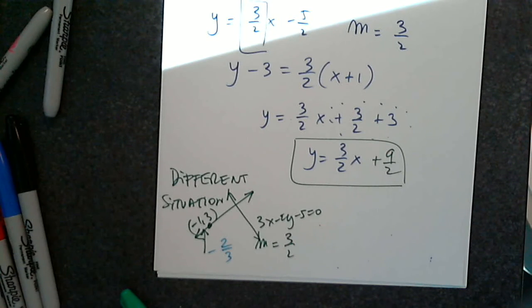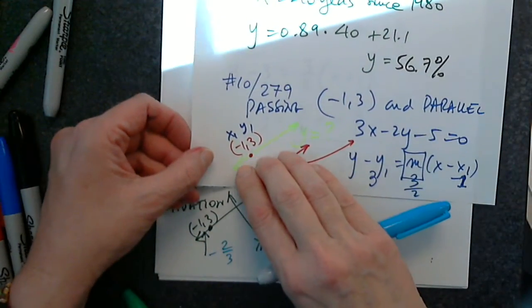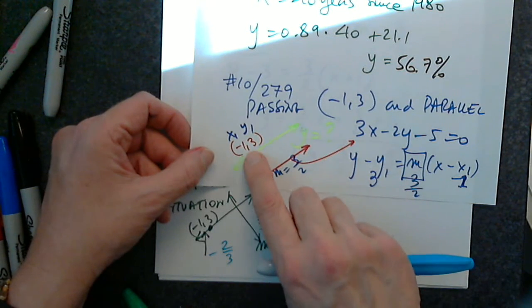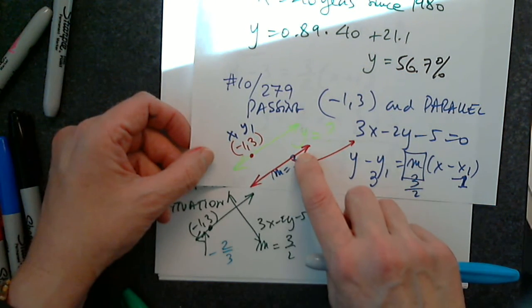No, I know, but so it was asking what y equals, right? Yes. And then so y equals 3/2 x plus 9/2. We're asked to find the equation. Very good question, because I should know what that means. So we're asked to determine the equation of this line passing through this point and parallel to this line.